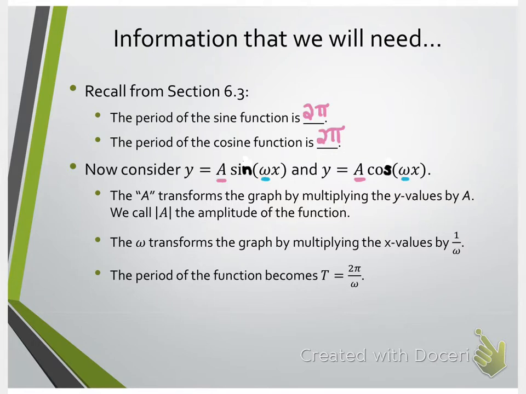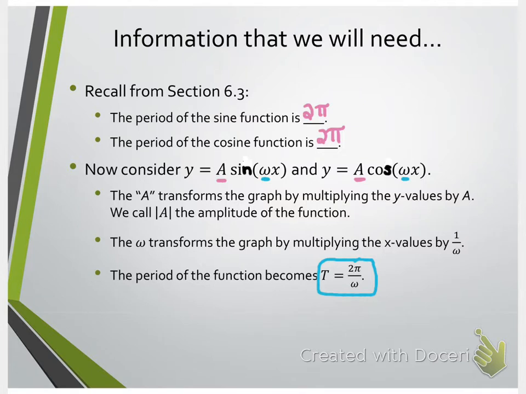For us, though, because we want to concentrate on graphing these things, we're going to come down here and pay close attention to this, right? So the period, if we're going to stretch or compress the function on the x-axis, what we're going to do is change the period.